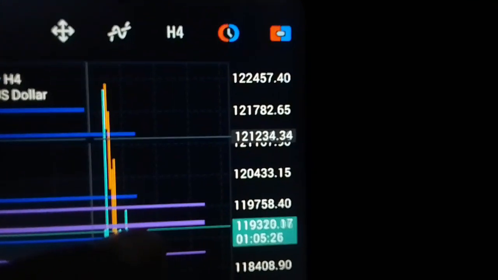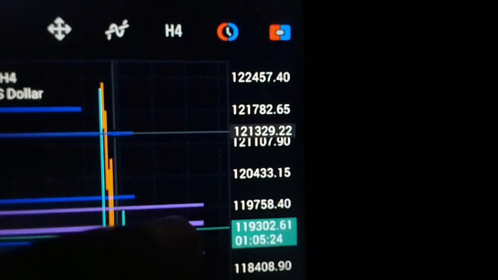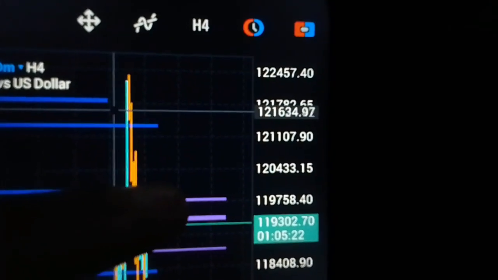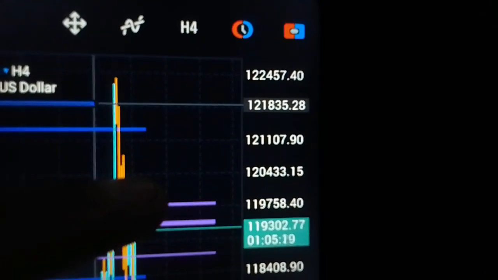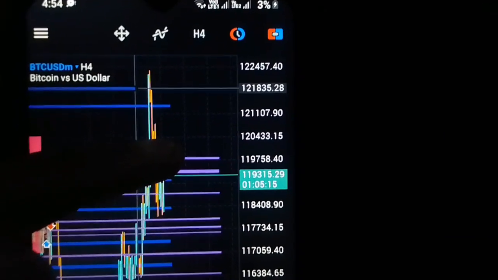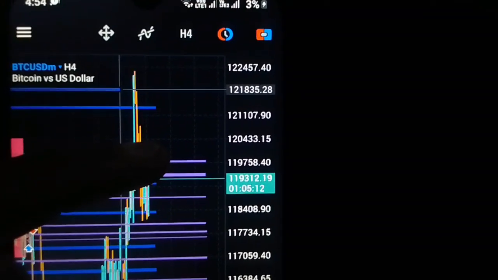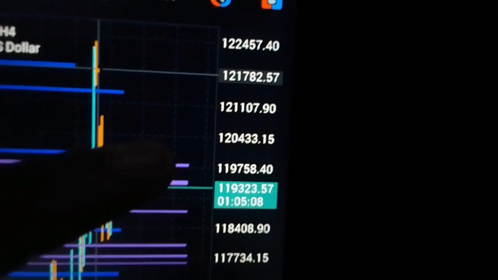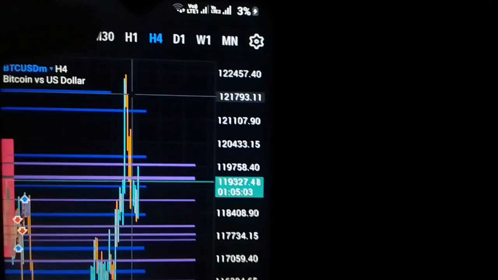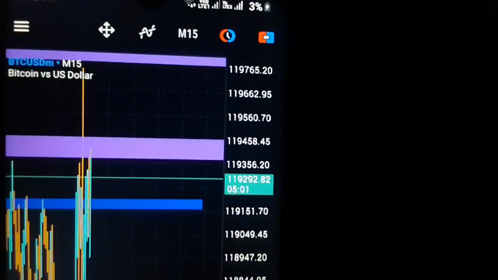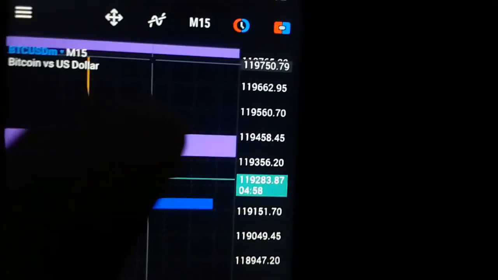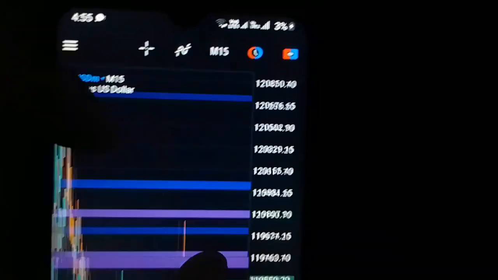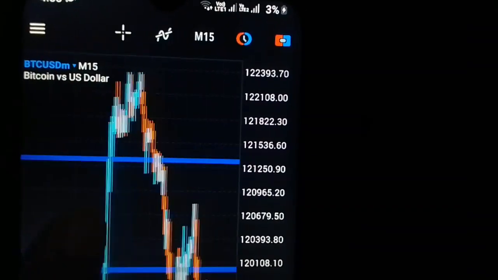So if we would have wanted to catch a trade right at this point, which is a sensitive level in terms of price action at 121,835, if we wanted to make an entry point at that, we would have to scale down to the lowest time frame, so we could actually see a market shift occurring.